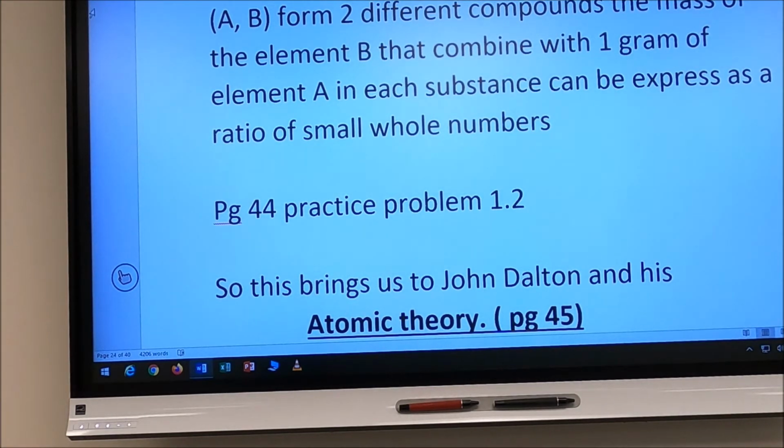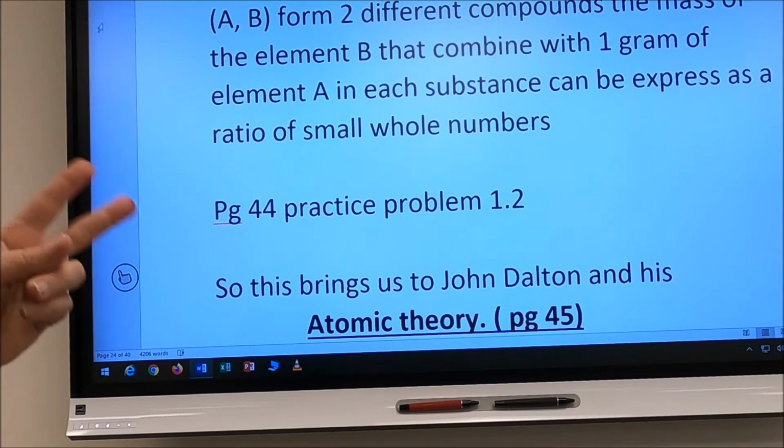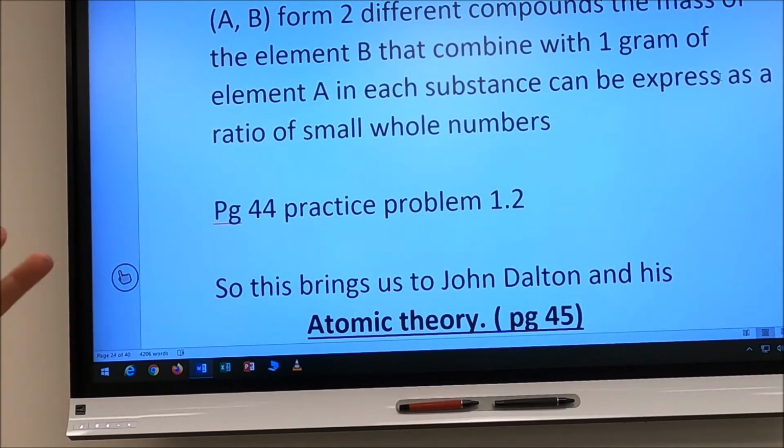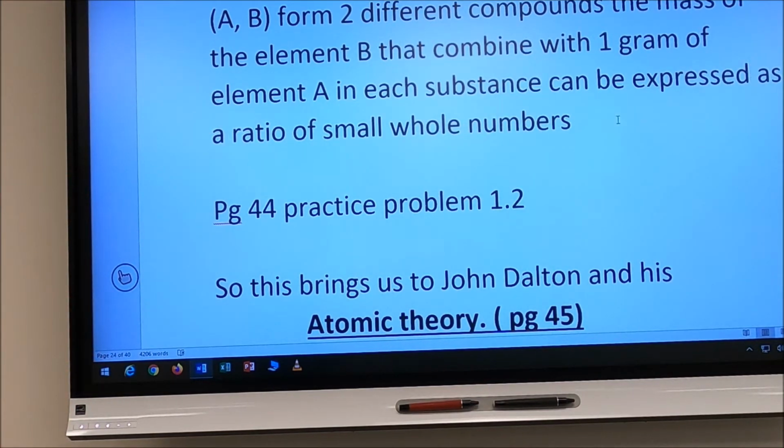So if I look at the compound hydrogen peroxide and I look at the compound water, both contain just 2 elements, hydrogen and oxygen.